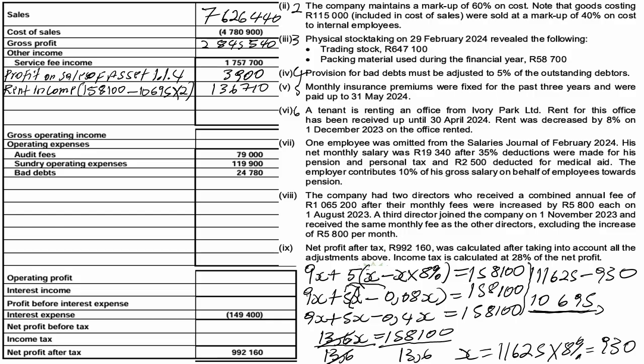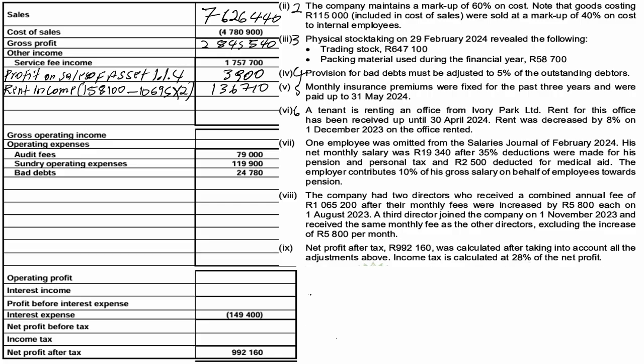Okay, so let us move to provision for bad debts. Okay, so provision for bad debts, guys, information number 4. So provision for bad debts must be adjusted to 5% of the outstanding debtors. So we need to go and check our debtors control.